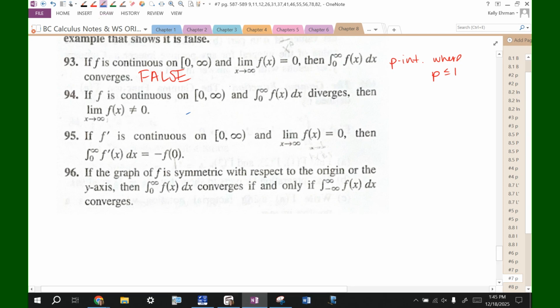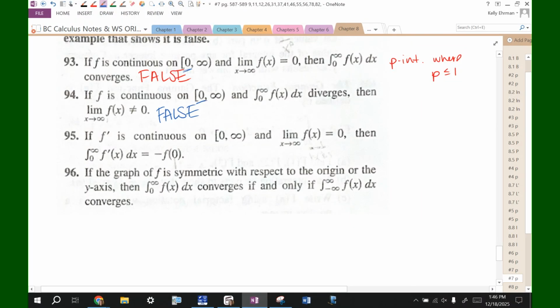94. If f is continuous on 0 to infinity and the integral from 0 to infinity of f of x dx diverges, then the limit as x approaches infinity of f of x cannot equal 0. Again, this is false for the same reason. I know the p integrals are not defined at 0, but don't let that be a sticking point.